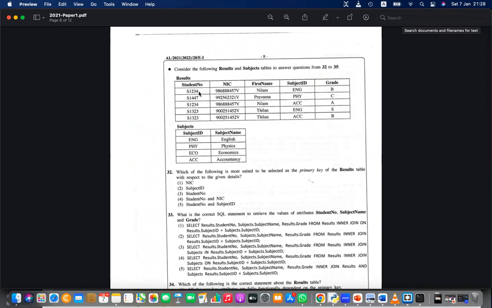Primary key should not be duplicated. Here duplication is there. NIC is duplicated. So what about student number and NIC both?